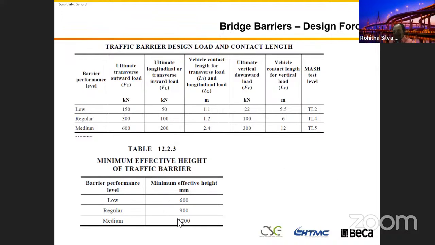And then again, the height of the barrier has to be varied, because you know the car, and if you go to the truck, the barrier effective height, the impact location will be different. So then you get a barrier height. When you correlate all this information, the road designers have other things to consider when something hits, to deflect.